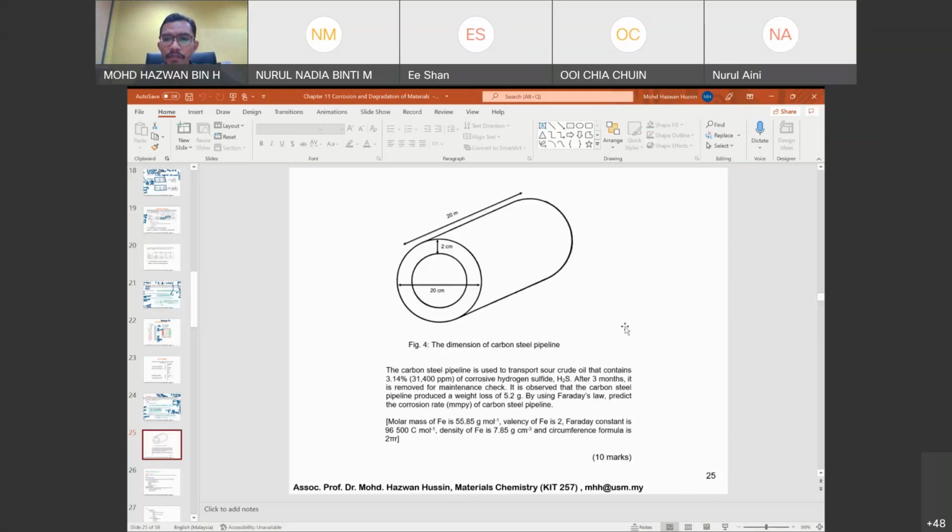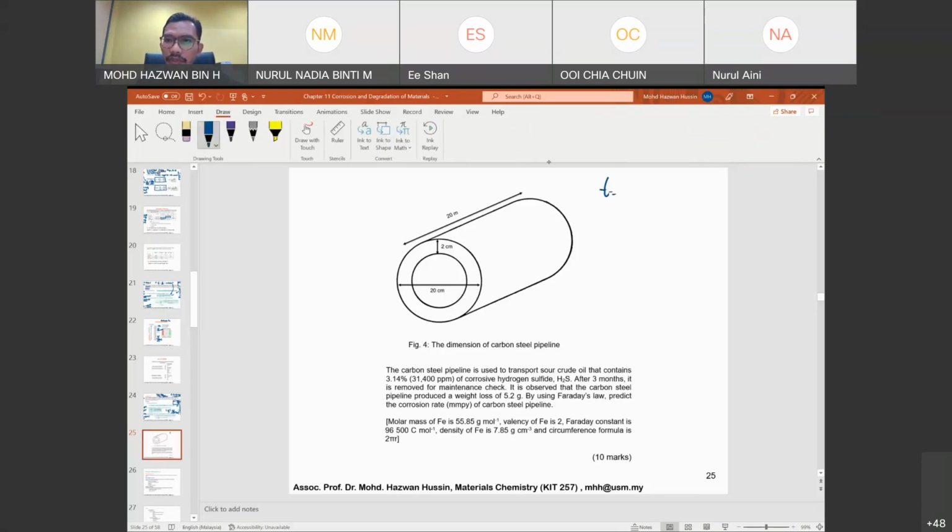Okay, so right now we can list down the information provided. Time is equal to 3 months. We also have a mass loss, which is equal to 5.2 grams. Other information is the valency equal to 2, molecular weight equal to 55.85 gram per mole, and Faraday constant equal to 96,500 coulombs.